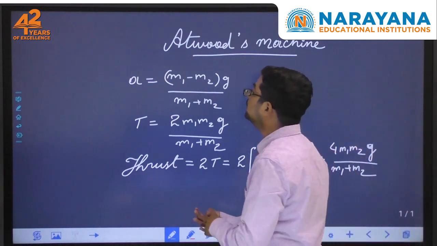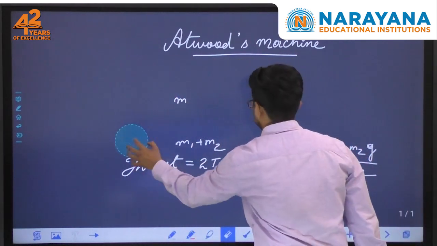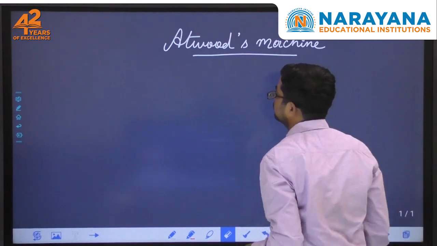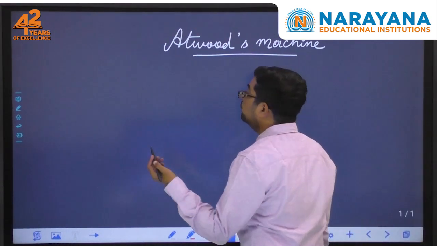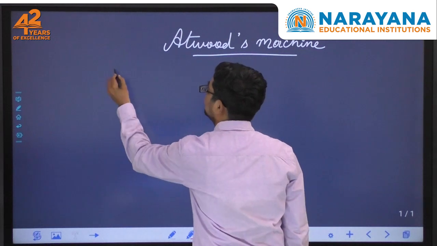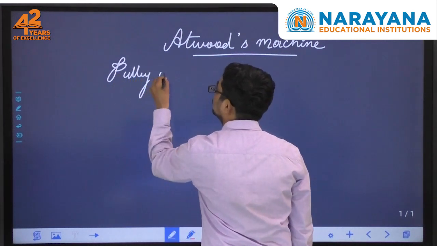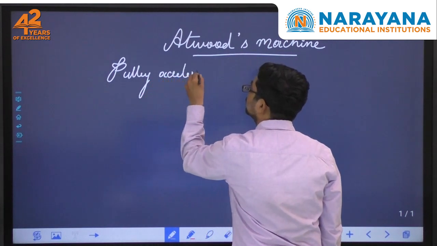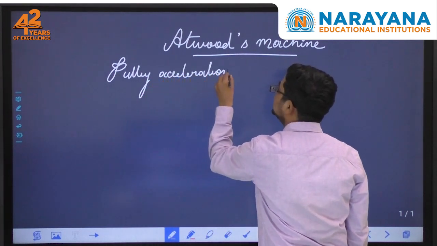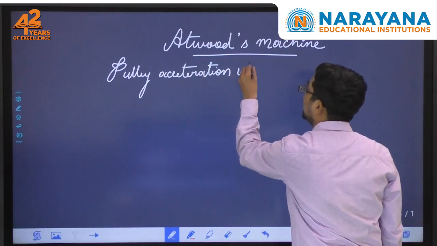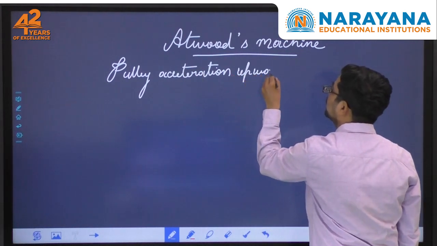What happens when the pulley moves upwards? We shall see here now. You can have a look here. If the pulley accelerates upwards, then the formula changes.